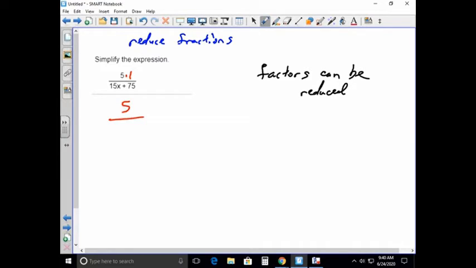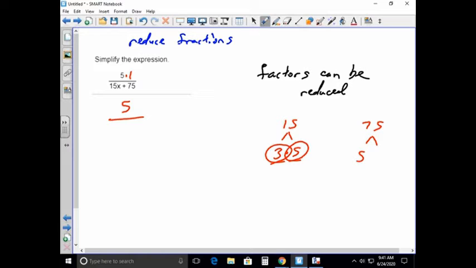If we look at 15 and 75, 5 goes into both of those. But also 15 goes into both of those. If you don't recognize that, we could list the prime factorization for 15. That's 3 times 5. 5 goes into 75.